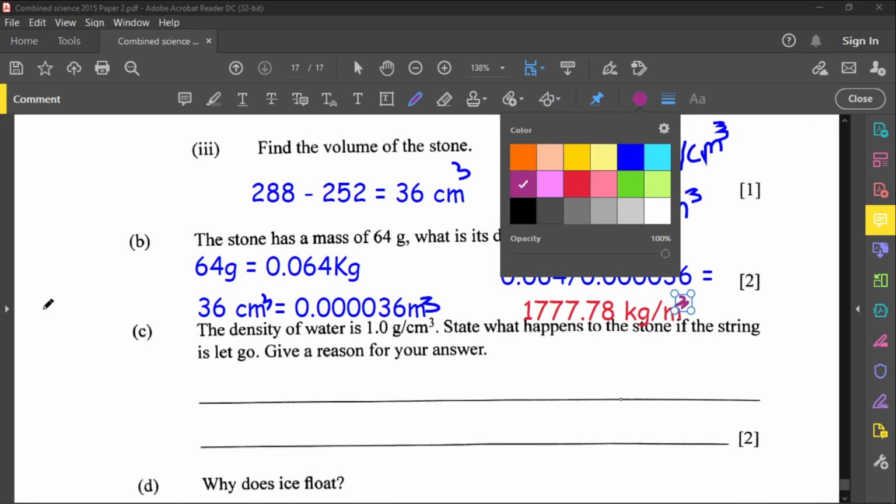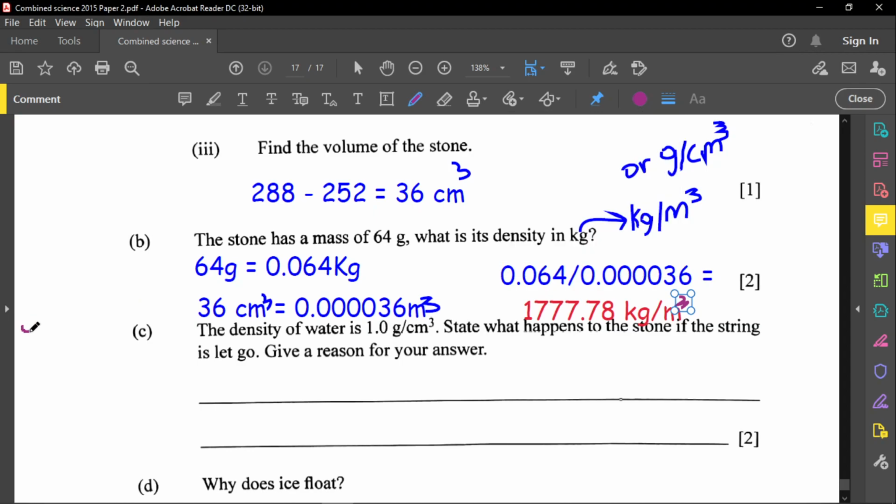So a different way to do this, you can have your grams per centimeters cube. If you want to convert this into kilograms per meters cube, this would be kilograms per meters cube.